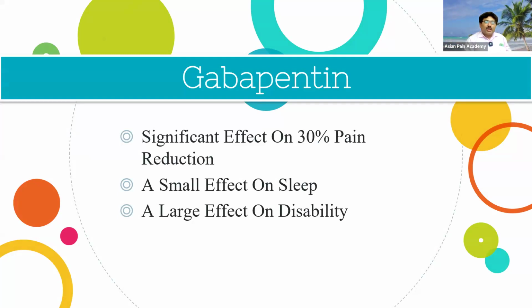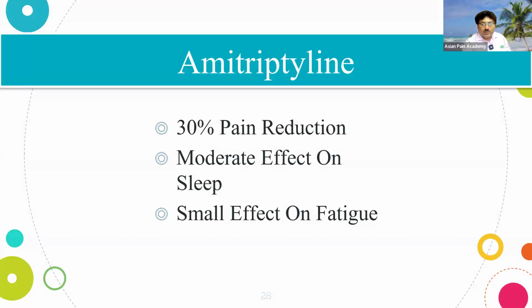Though theoretically up to 2400 milligram is written in books, in most patients we have to limit the dose to 900 to 1200 milligram. In patients who are very sensitive, we can start with as small a dose as 100 milligram, which is available, and then gradually increase once every 3 days, up to 900 milligram, or until pain relief is there.